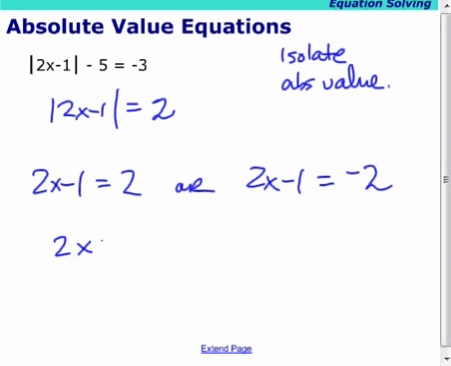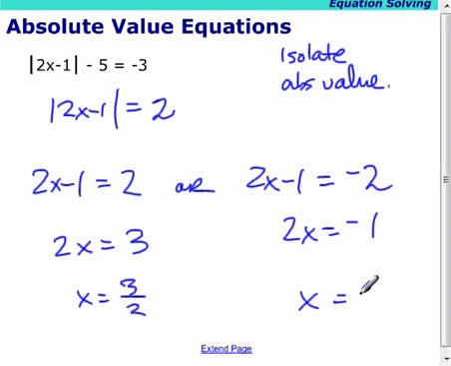Solving the equation leads me to 2x is equal to 3 and x is equal to 3 halves. Or, move this 1 over there, that would be a negative 1, so 2x is equal to a negative 1. Divide each side by 2, I get negative 1 half. So my two answers then are 3 halves and negative 1 half. Again, I should go and check those.